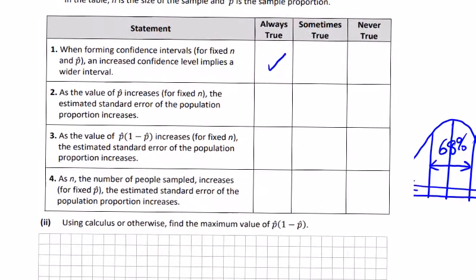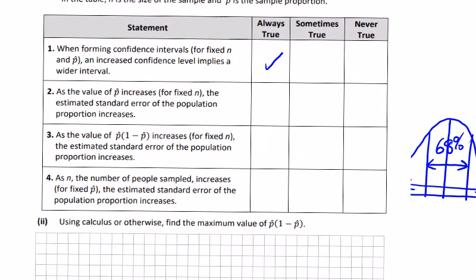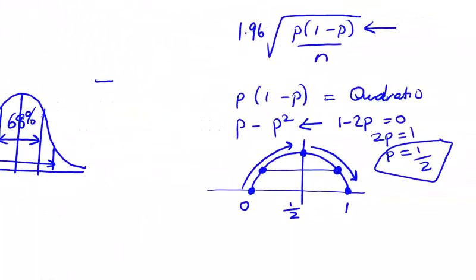The second one, as the value of p hat increases, we're just calling it p here, for fixed n, the estimated standard error of the proportion increases. Well, this is based on this guy. It is going to increase to a point, this point here, but then it's going to decrease back down. So this is sometimes true because it is going to increase as along here the value of p is increasing.